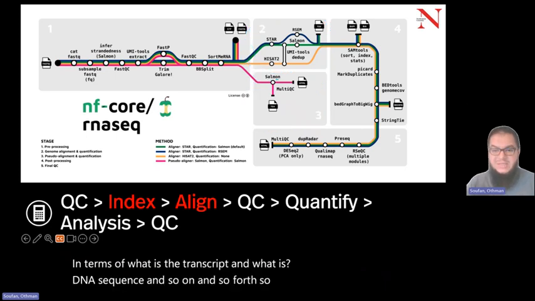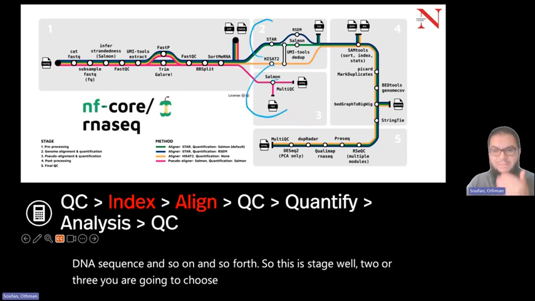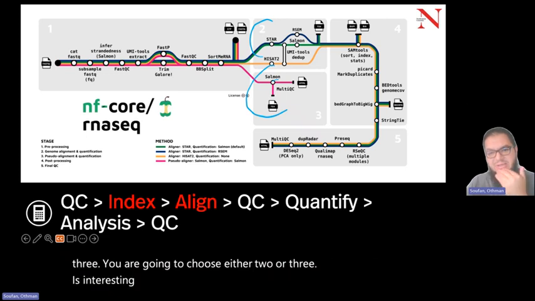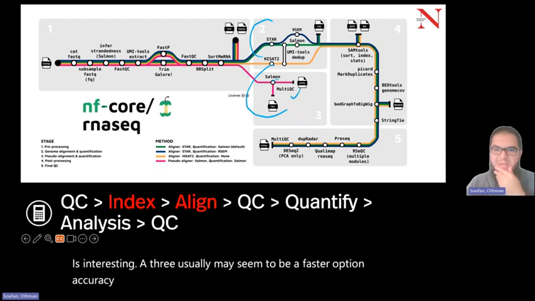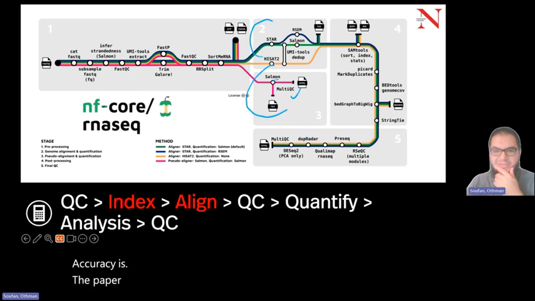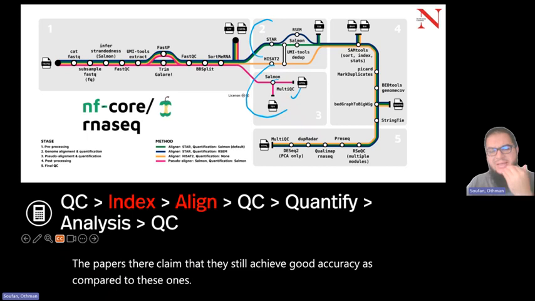So this is stage 2 or 3. You're going to choose either 2 or 3. Option 3 usually seems to be a faster option. As for accuracy, the papers claim that they still achieve good accuracy compared to the alignment-based ones.